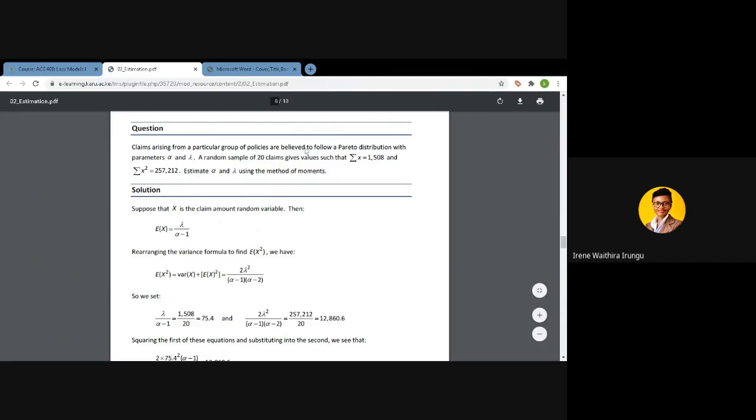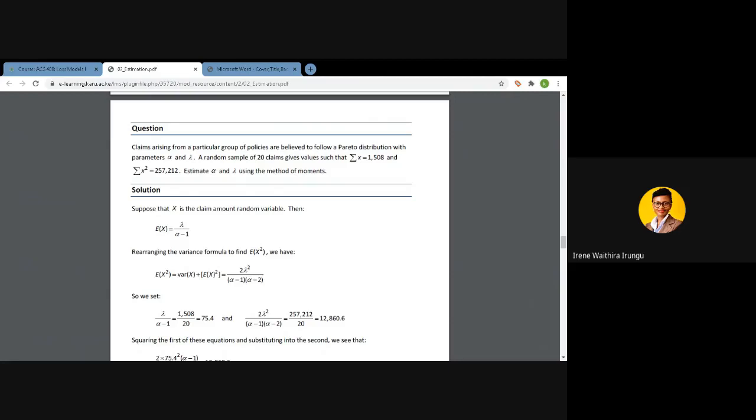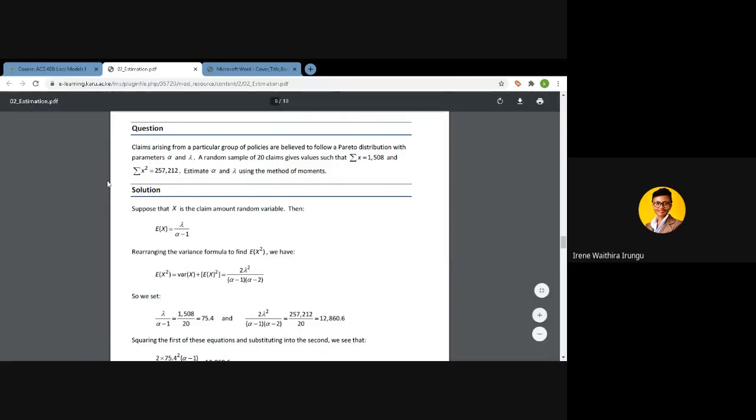By that information itself, you should be guided that we can only use the method of moments, because from this you can deduce the first moment by simply taking this divided by the sample size, and the second moment by taking this and dividing by the sample size.